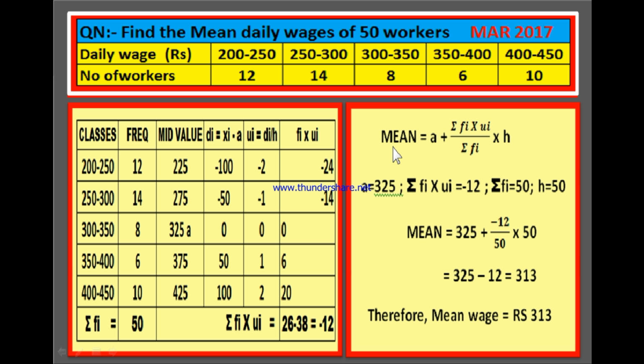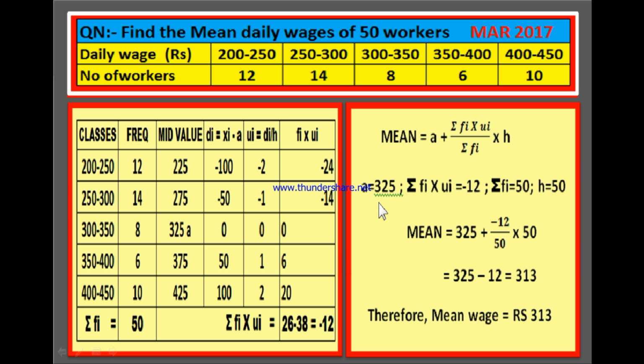In the step deviation method, AM is equal to A plus sigma fi ui by sigma fi into H. Here A means assumed mean, whose value is 325. Sigma fi ui is minus 12, and sigma fi is 50, and H means height of the class, which is equal to 50. Understood?